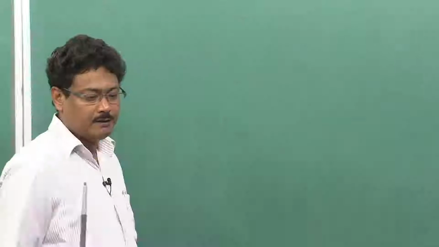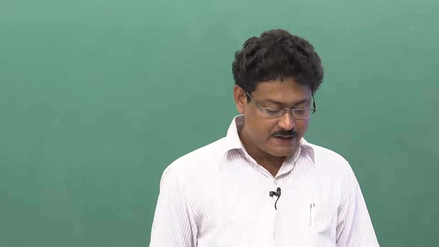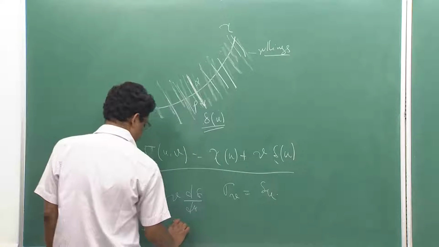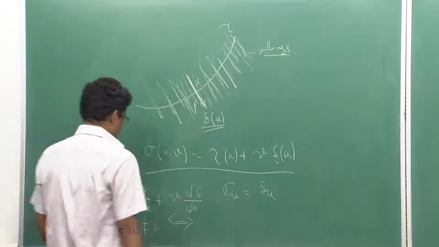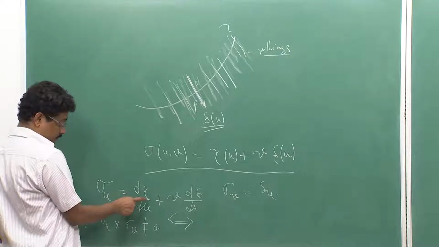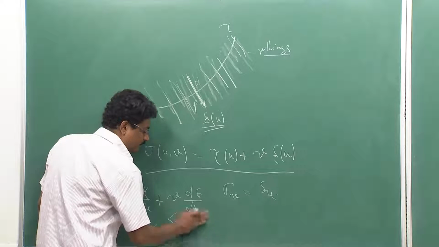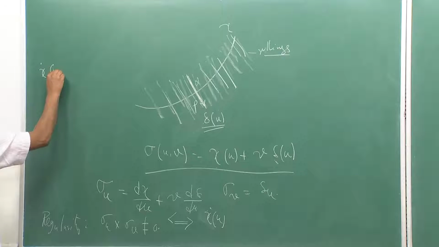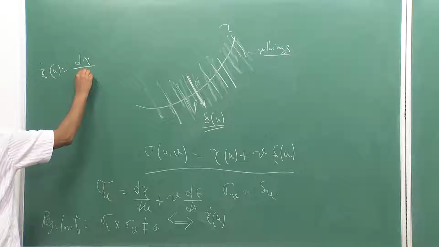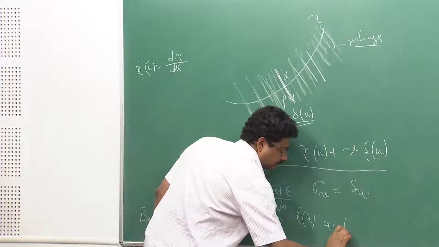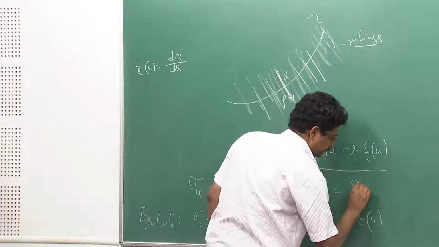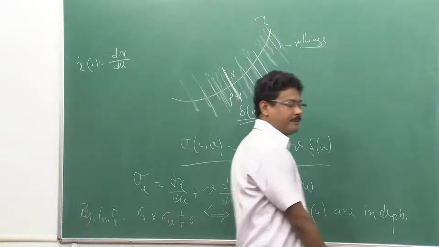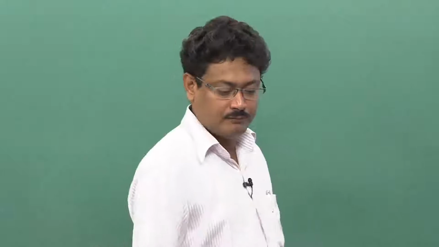And you can easily check that this means that, writing d gamma du as gamma dot u, if these two vectors are independent, then of course the cross product will be non-zero.